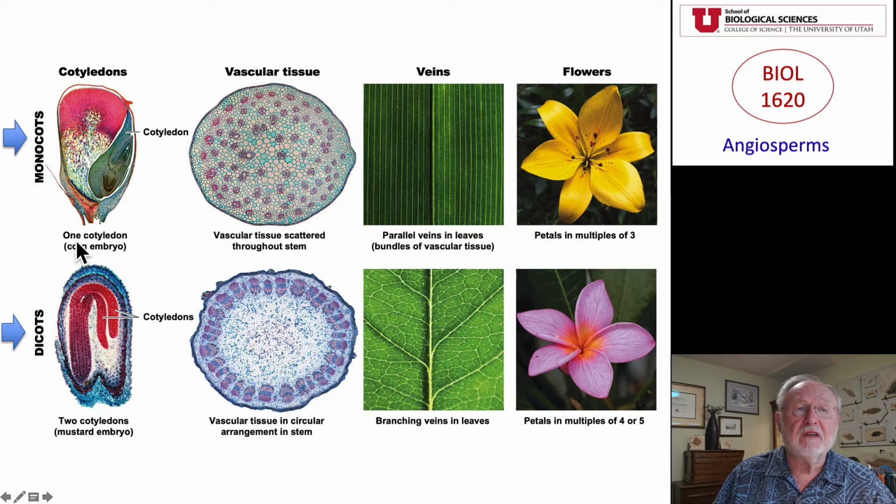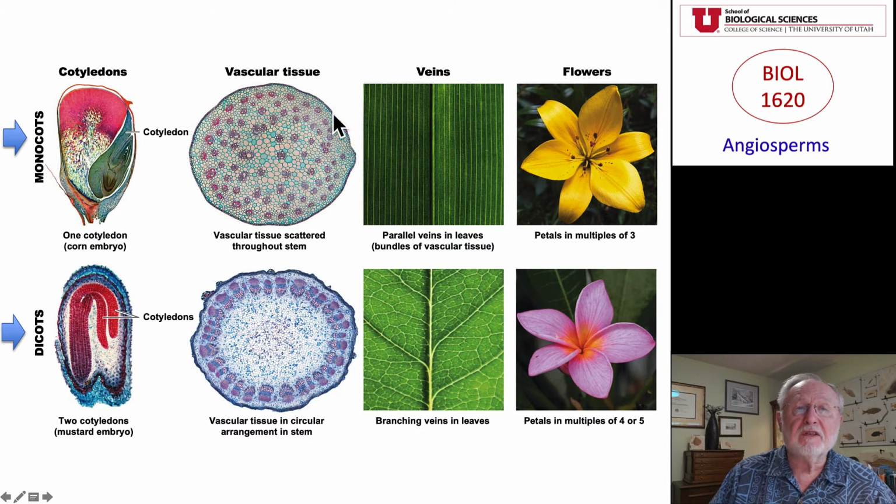Monocots have a single cotyledon or seed leaf. Dicots have two cotyledons, so that when we have the initial germination event, as the seedling emerges, there are two leaves in dicots and a single leaf in monocots.